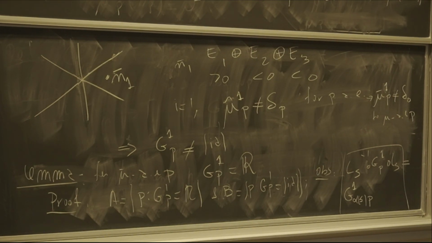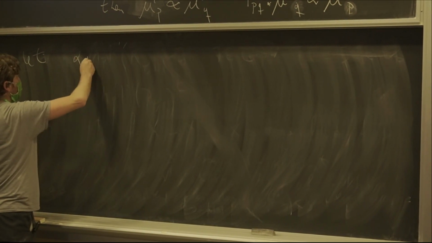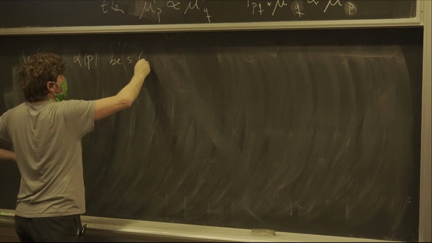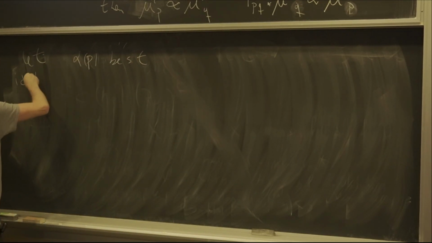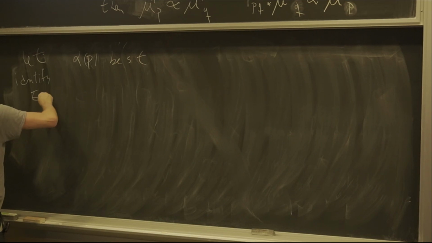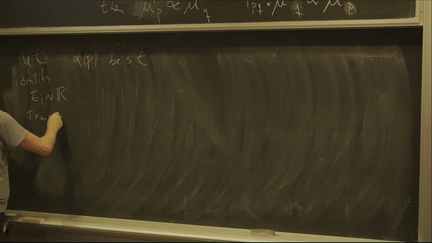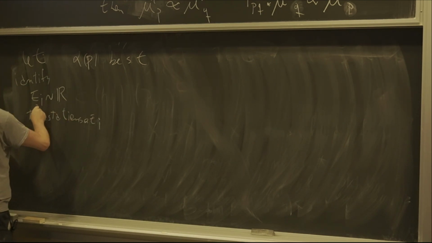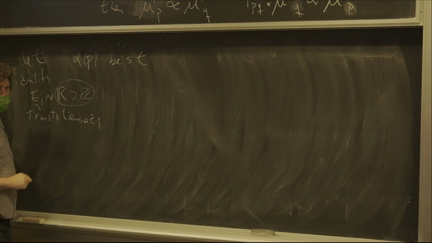Now let us identify EI with R and translations on EI. We identify with EI, which is identified with R, and we have the integers, which is our favorite lattice there.